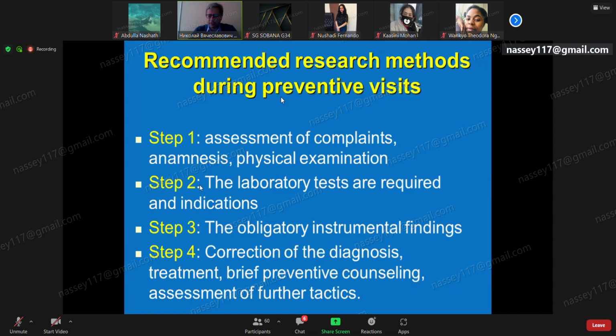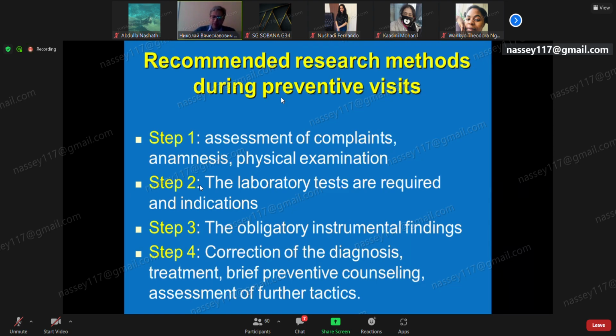Step two, prescription of the necessary laboratory tests according to concrete indications, according to the concrete disease. For example, for arterial hypertension, as we saw on the previous slide before the break, it will be creatinine test, uric acid, lipid profile parameters.